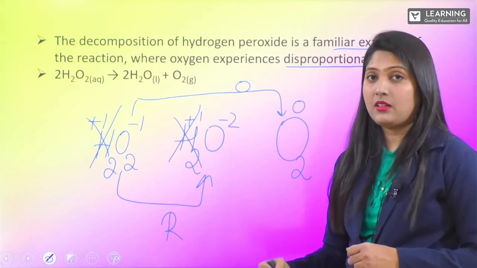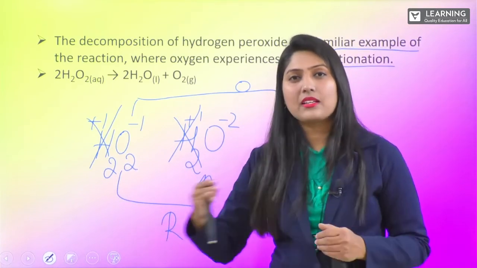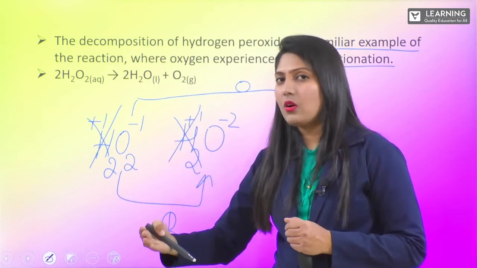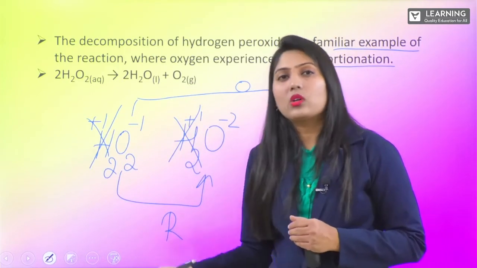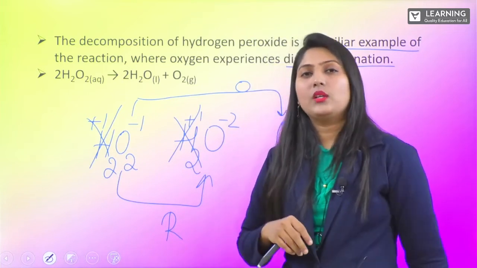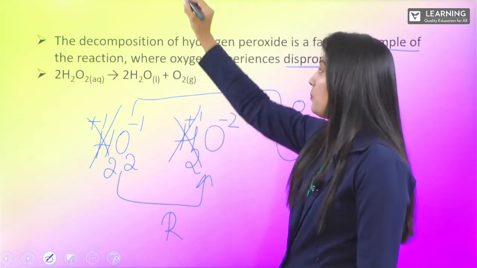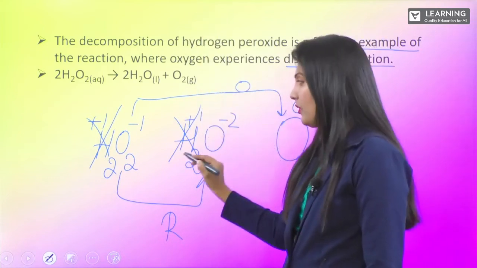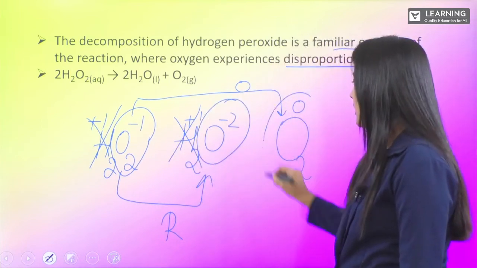What is undergoing the reduction and oxidation? The same element. In all the examples we saw till now, one element would be oxidized and the other element would be reduced. But here, in these disproportionation reactions, the same element will have different oxidation numbers.